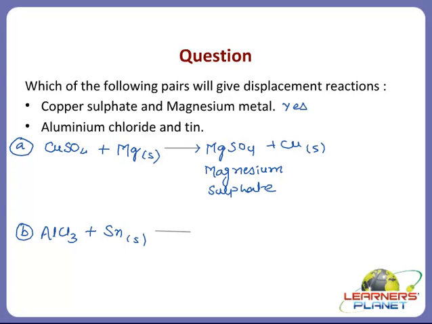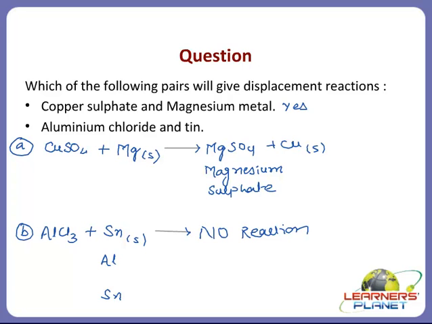It is tin which is coming below aluminium, right? Aluminium is above and tin below. So which is more reactive? Aluminium. And tin is less reactive. So will there be any displacement reaction? No reaction. Is it clear, students?